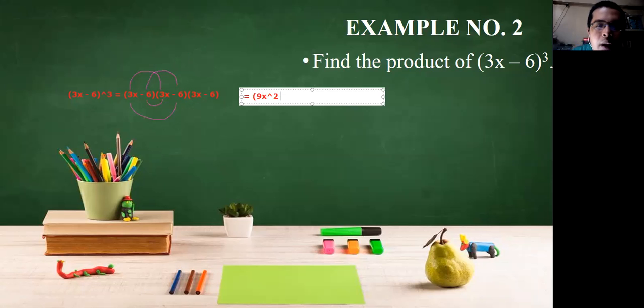Then the outer term is minus 18x, because 3x multiplied by negative 6 is negative 18x. Inner term: negative 6 multiplied by 3x is negative 18x as well. Then negative 6 multiplied by negative 6 is positive 36. Then multiplied by 3x minus 6.